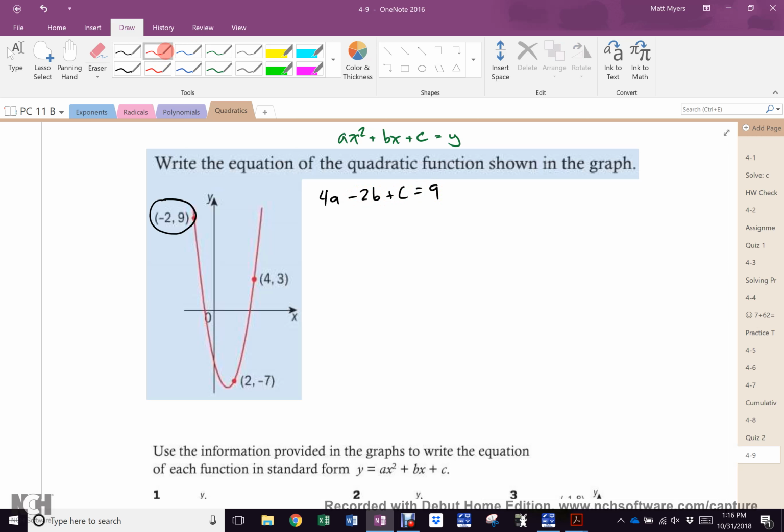Don't I also have, from here, 4a plus 2b plus c equals negative 7? Don't I? And don't I have, from here, 16a plus 4b plus c equals 3? Now, could I do it?